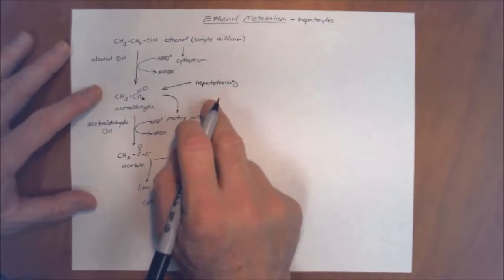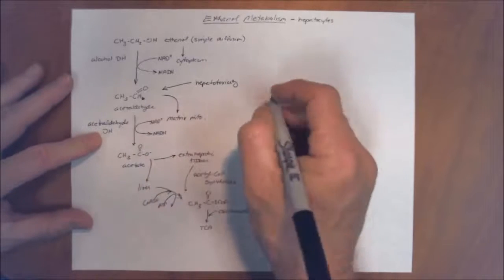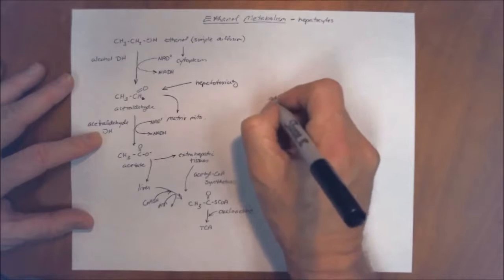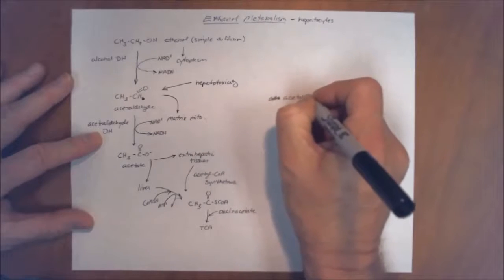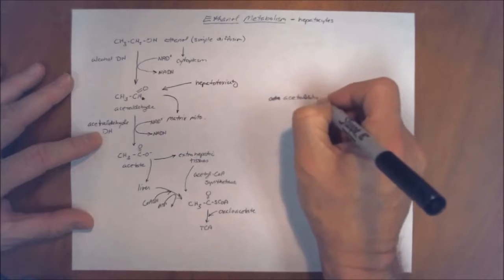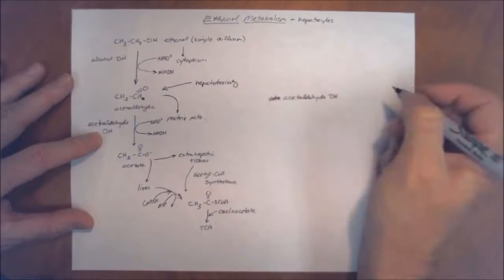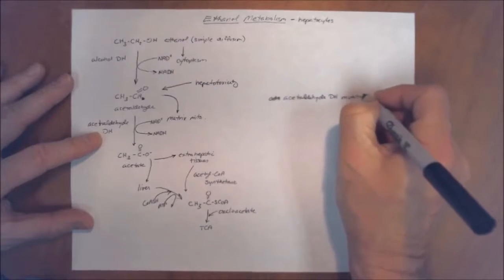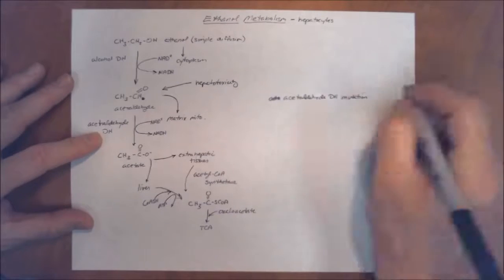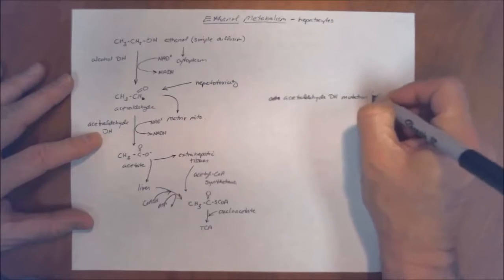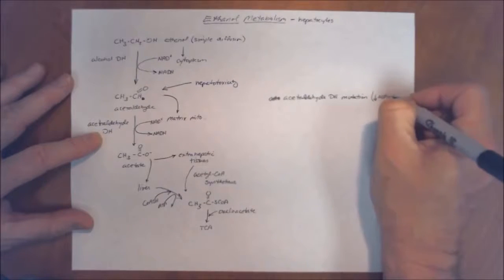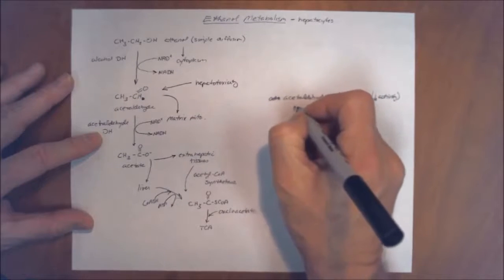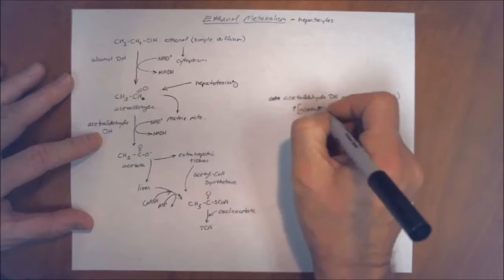A couple of genetic notes. Individuals that have been identified with acetaldehyde dehydrogenase mutations that decrease activity of the enzyme or eliminate its activity, these individuals will have an increase in their concentration of acetaldehyde.